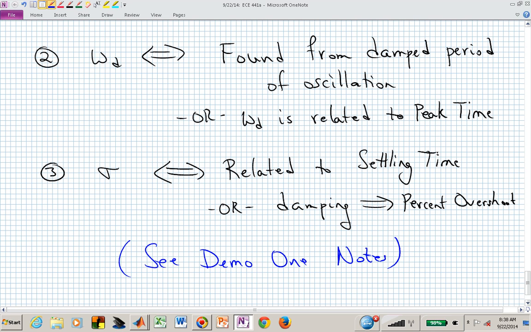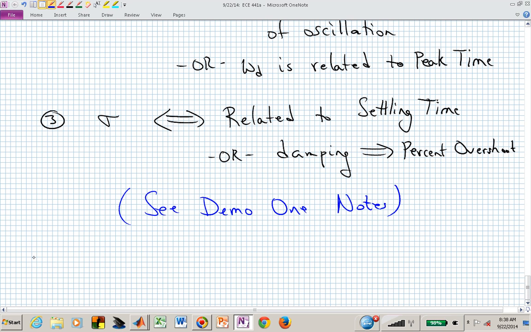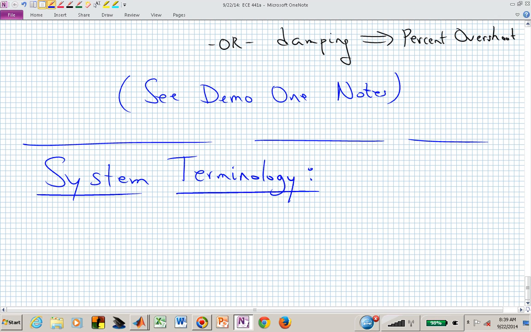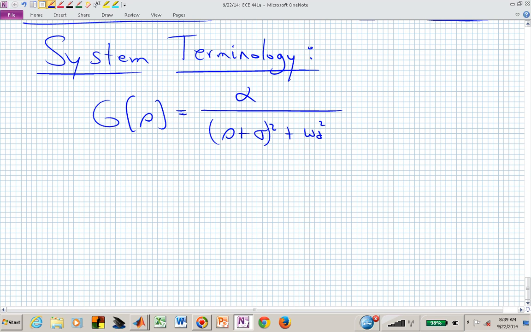Let's now see if we can start to put together some of those pieces in the time that's remaining. Let's develop some terminology. We're trying to identify this system G of S. It's a second order system given by alpha over S plus sigma squared plus omega sub d squared. That's what we're hoping to identify.